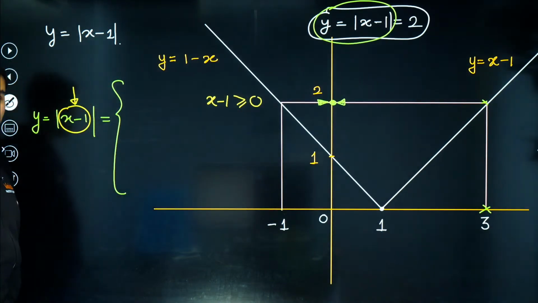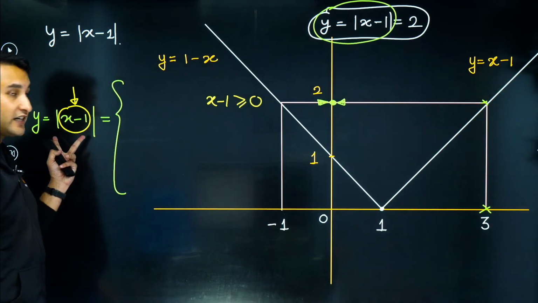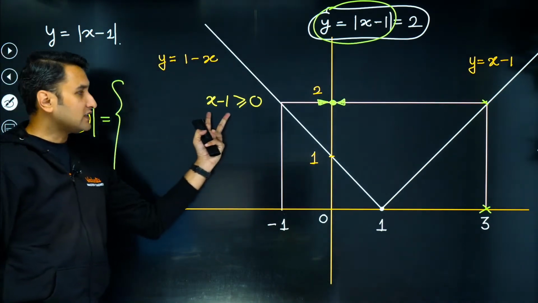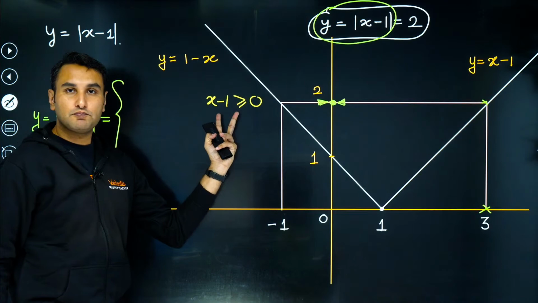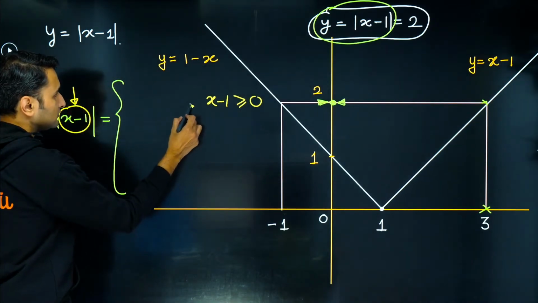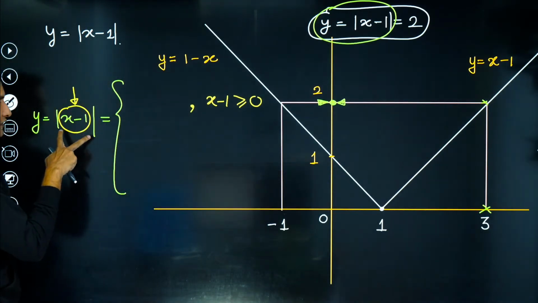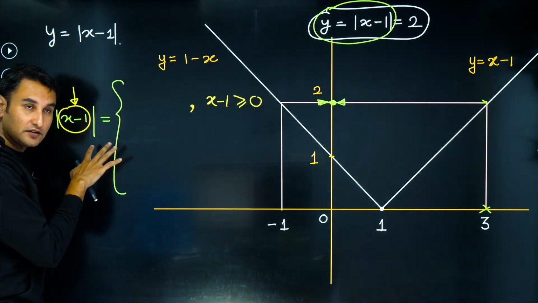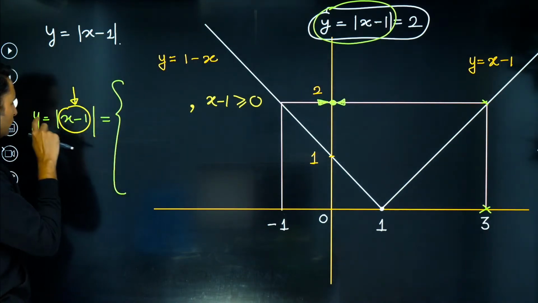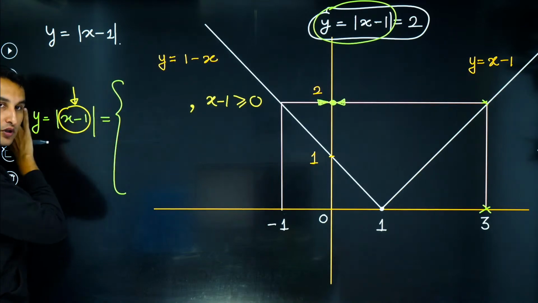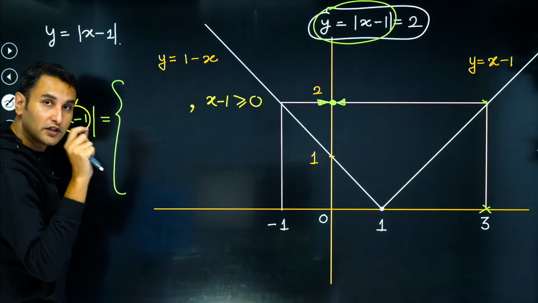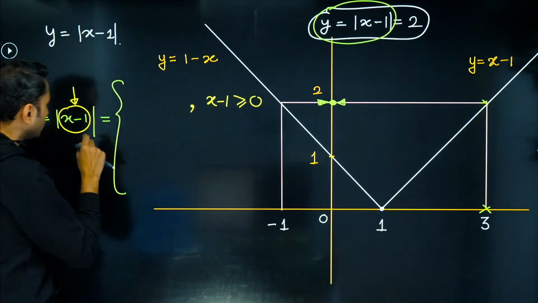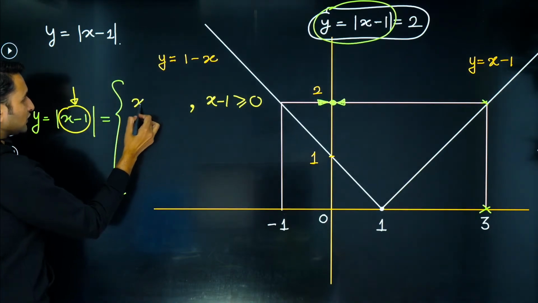Input is x minus 1, which is inside the modulus. When what is inside the modulus is positive, then the Baba's ashram says no change. So the value of y becomes, the modulus removes without giving it a minus sign. So what is the output? Output is x minus 1 itself.